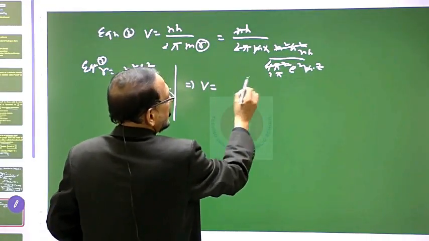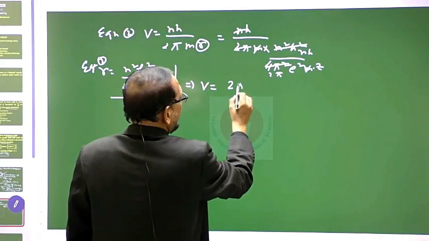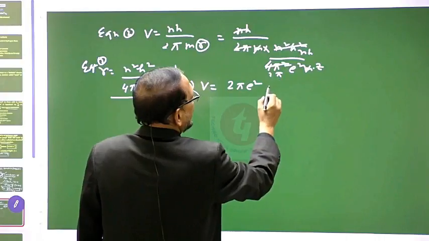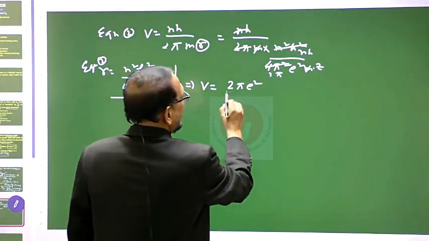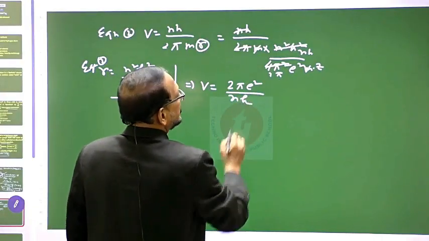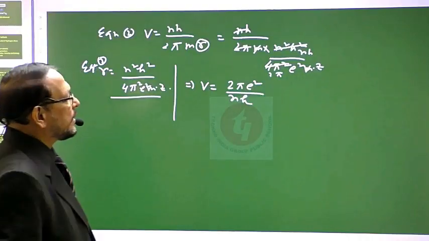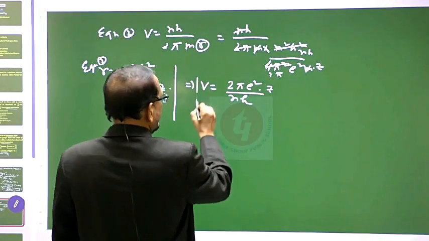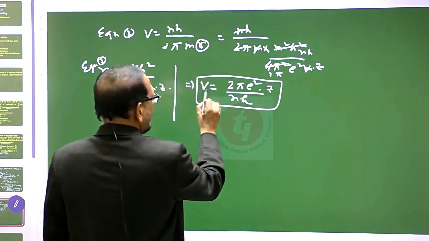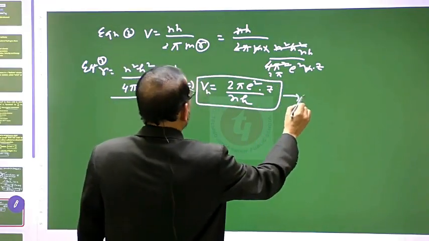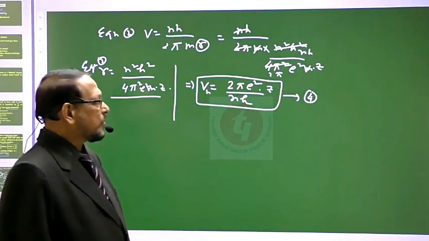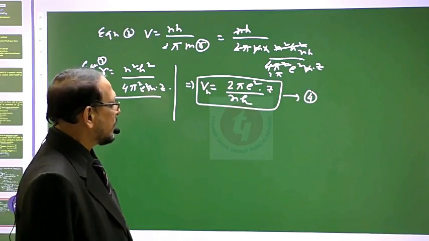Now you can write this is 2 pi e square by nh. So this is the equation for the velocity, equation number 4. We got the velocity expression.